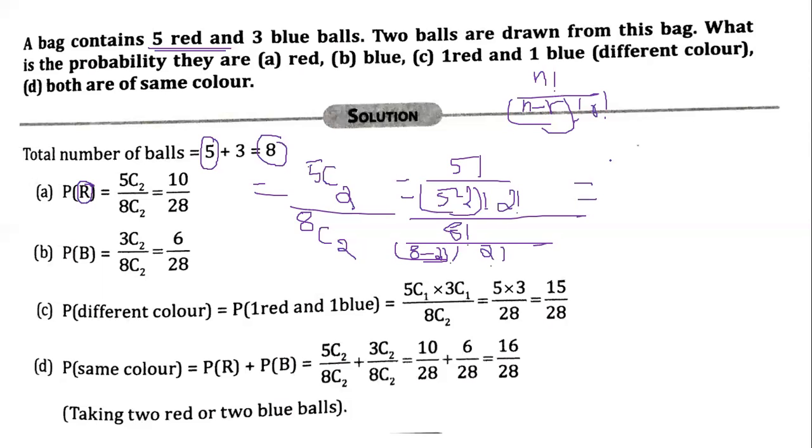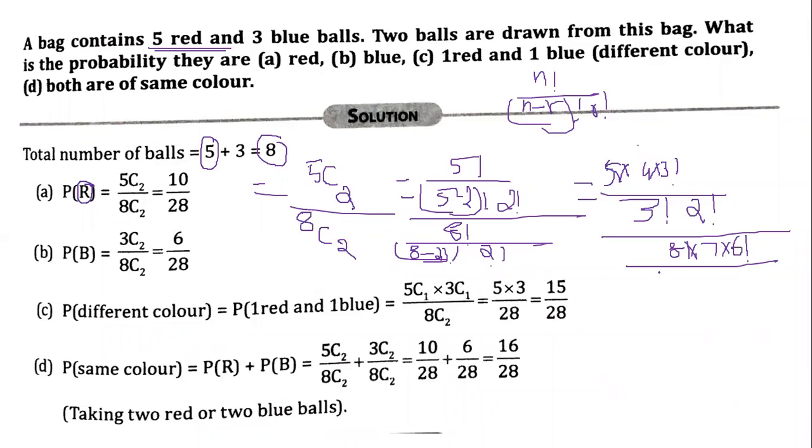So 5 factorial is 5 into 4 into 3 factorial, divided by 5 minus 2, which is 3 factorial into 2 factorial, divided by 8 factorial, which is 8 into 7 into 6 factorial, divided by 6 factorial into 2 factorial.